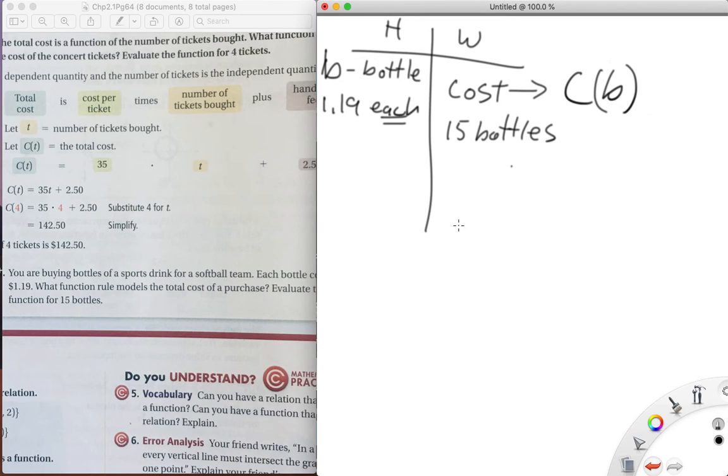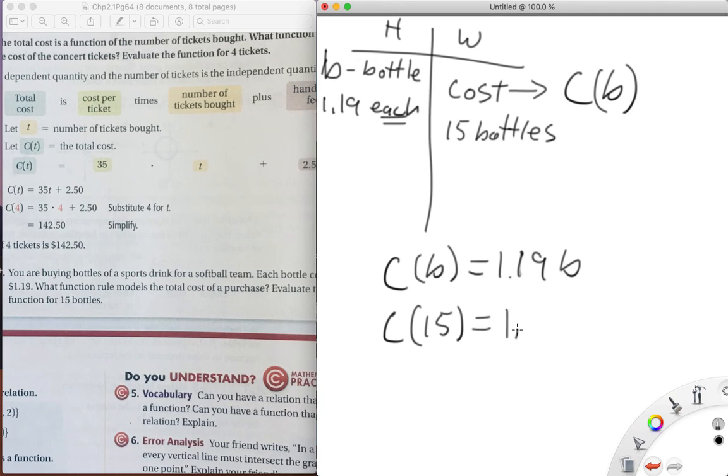So the cost of the bottles is equal to $1.19 times b. So then the cost of 15 bottles will equal $1.19 times 15.